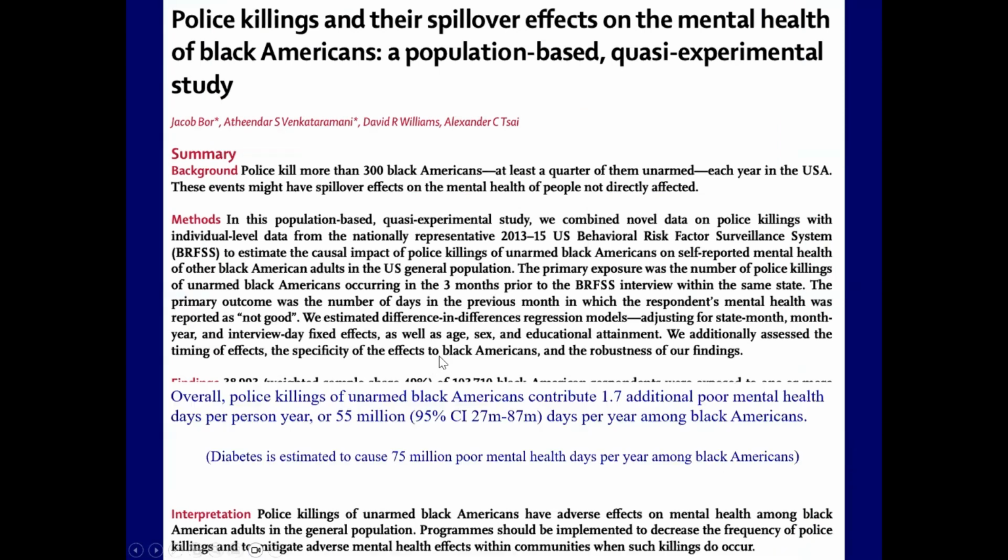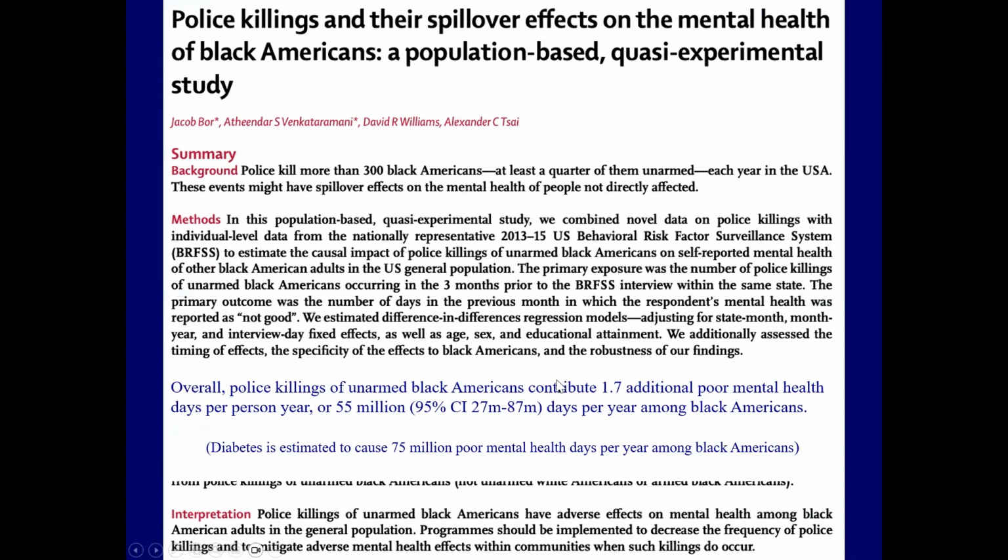As a conclusion, overall police killings of unarmed Black Americans contribute 1.7 additional poor mental health days per person-year, which translates into 55 million days per year among Black Americans.